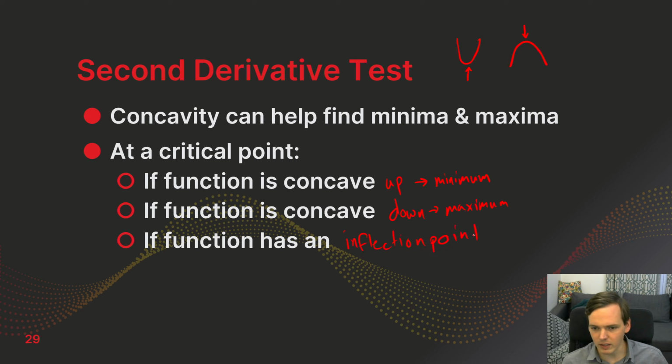So if it's got an inflection point at the critical point, then that means that there's neither. Because if you've got an inflection point, you're doing something like this or something like this, which, clearly at the critical points here and here, you don't have a minimum or a maximum there.